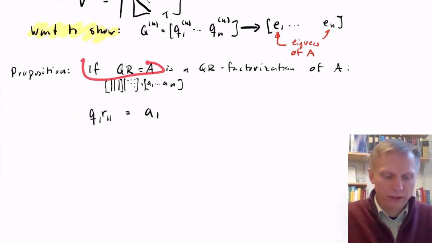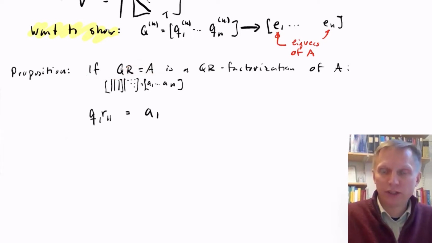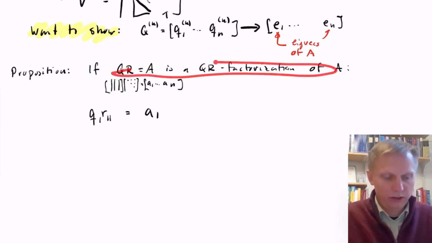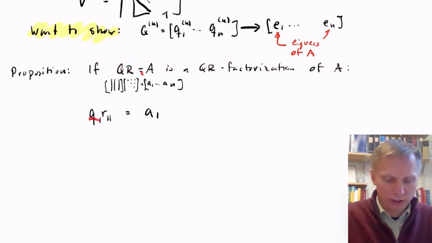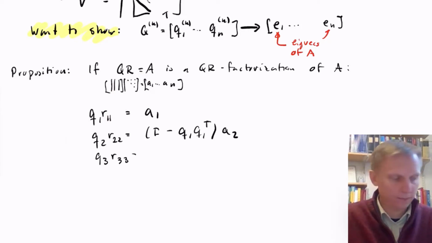So we assume that QR is a QR factorization of A, and this is a general property of a QR factorization of A. By just looking at the first column of this QR factorization, we're going to see that for the second column we have an identity that will turn out to be useful later.